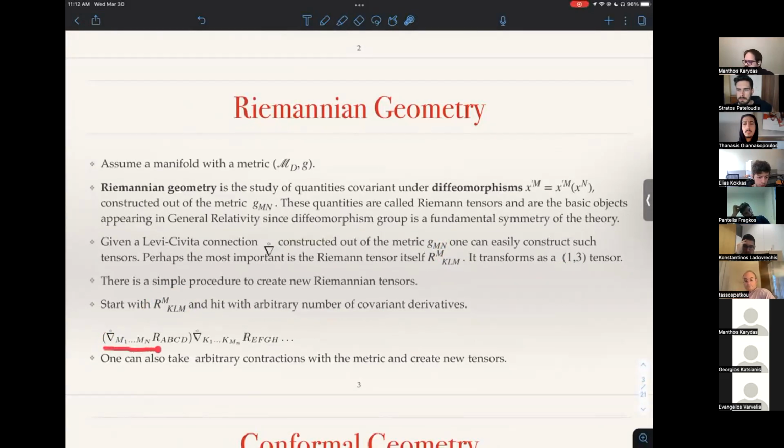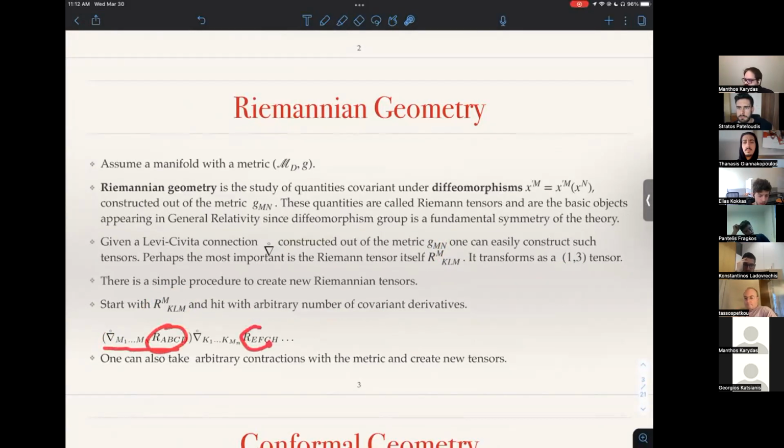But what I have in mind is that we have the Riemann tensor, and we hit it with an arbitrary number of derivatives. And we all know this is another Riemannian tensor, so it transforms like a tensor under diffeomorphisms. And of course, we can also take arbitrary contractions with the metric and create new tensors. So there is an infinite number of these tensors we can create.